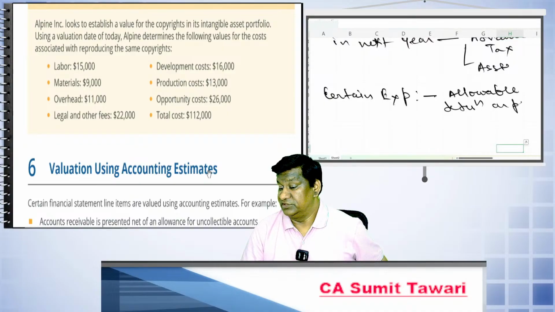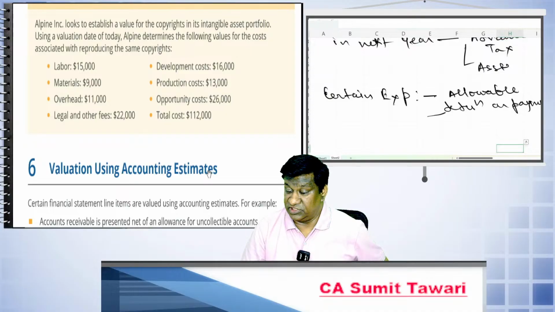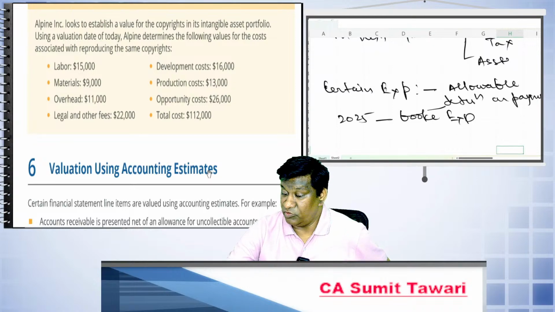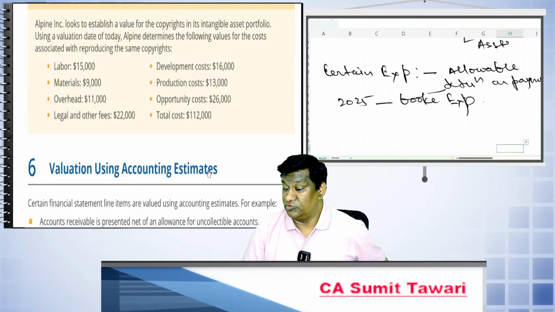On payment basis. So if you incurred those expenses in a previous year, say 2025, you book them as expenses in 2025, but you cannot claim the deduction because you have not made the payment.